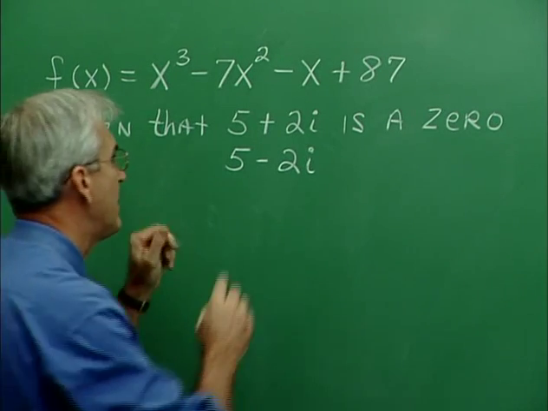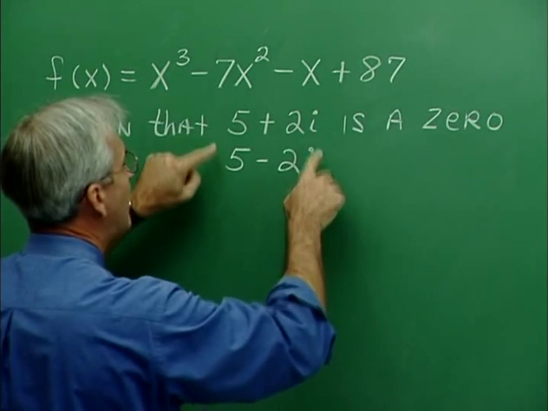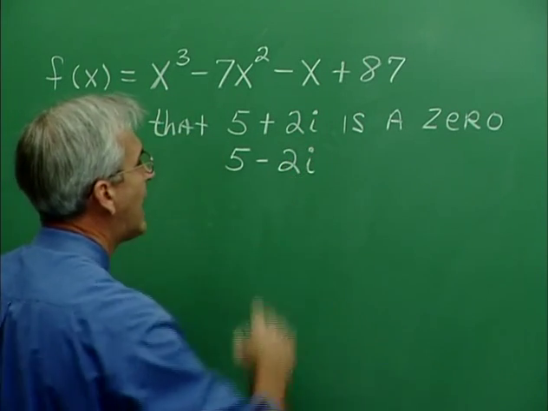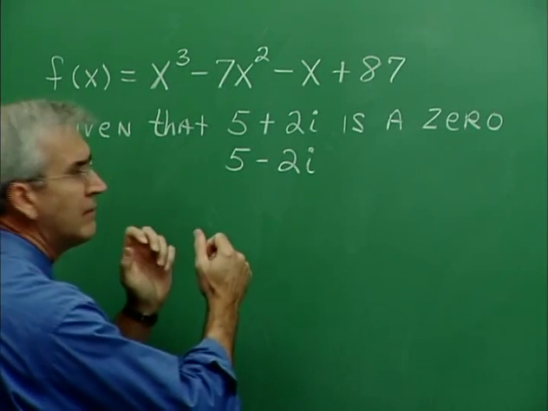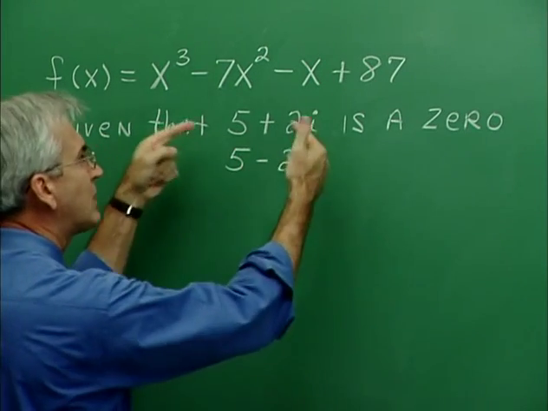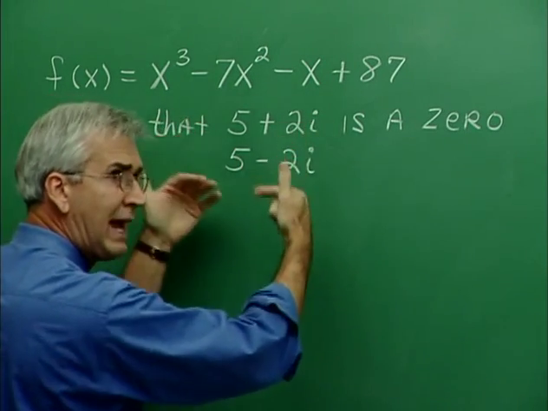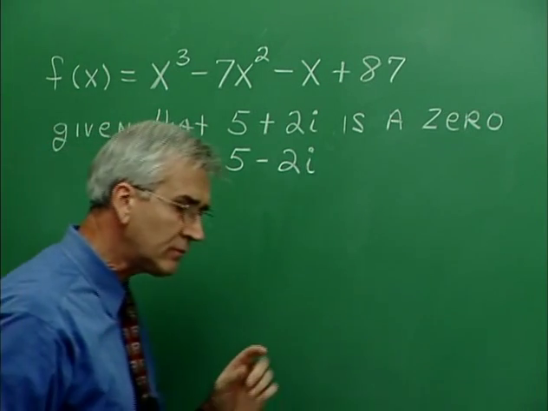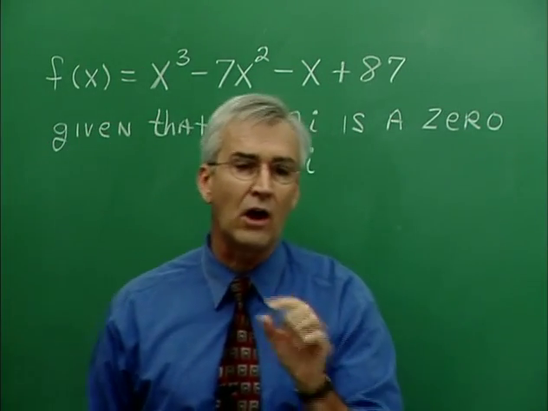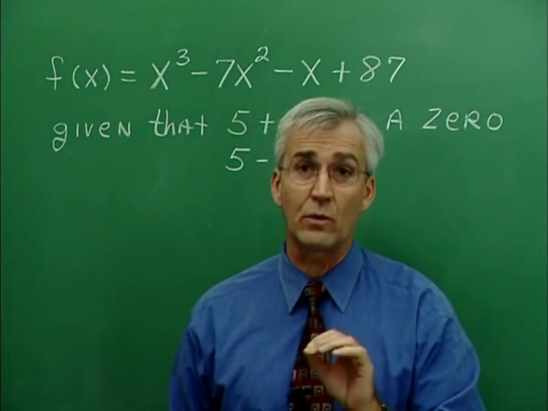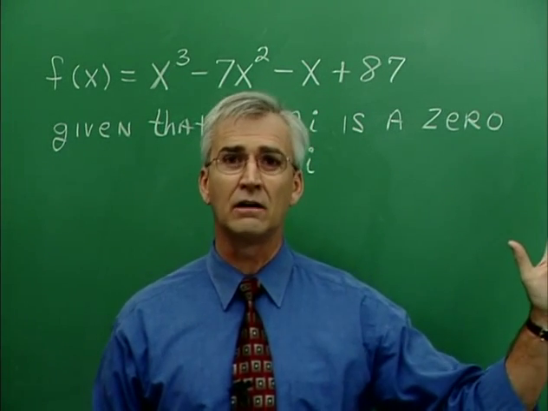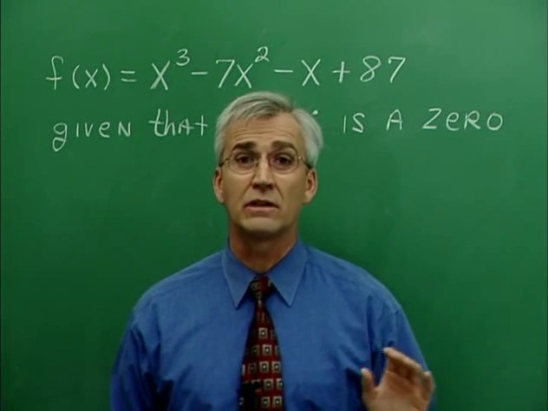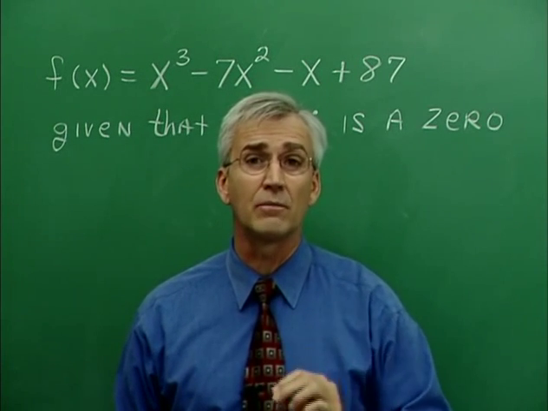Let me backtrack just a minute, though, and mention something about this complex conjugate idea. I said something to the effect that if we have one complex 0, then we have its conjugate as a 0. Actually, it's true that all of the zeros that we have found in this entire section, and indeed in this entire development of mathematics, they've all been in the set of complex numbers.